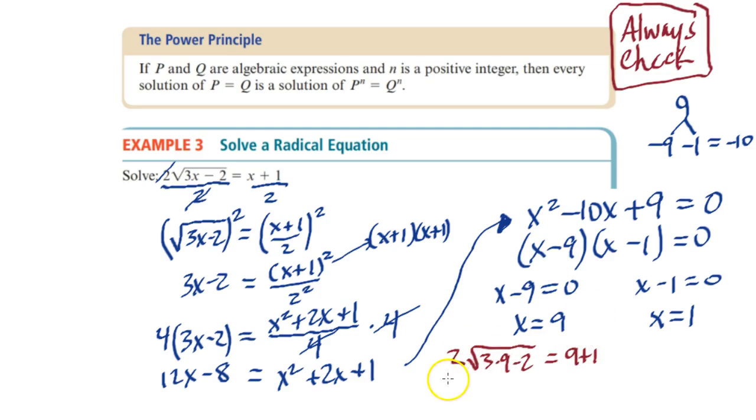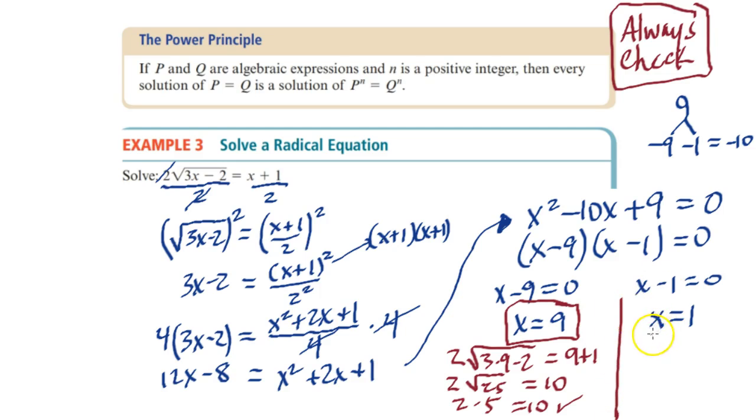And so that would be 2 times, so that's 27 minus 2 is 25, so that's the square root of 25, and we want that to equal 10, 9 plus 1. And square root of 25 is 5, so 2 times 5, that's equal to 10. Good, it checks. So x equals 9 is a solution.